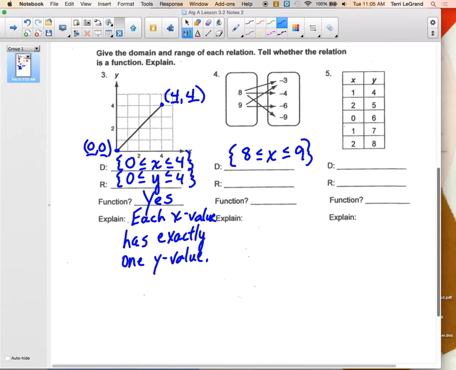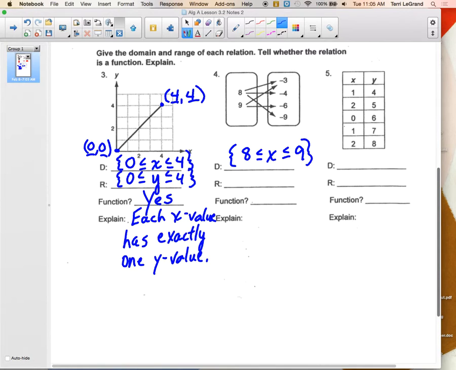Cody? What we're saying where you put the inequalities in is that anything equal to or in between those two numbers is in the domain, and we don't have a 7 in our domain. Greater than or equal to 8.